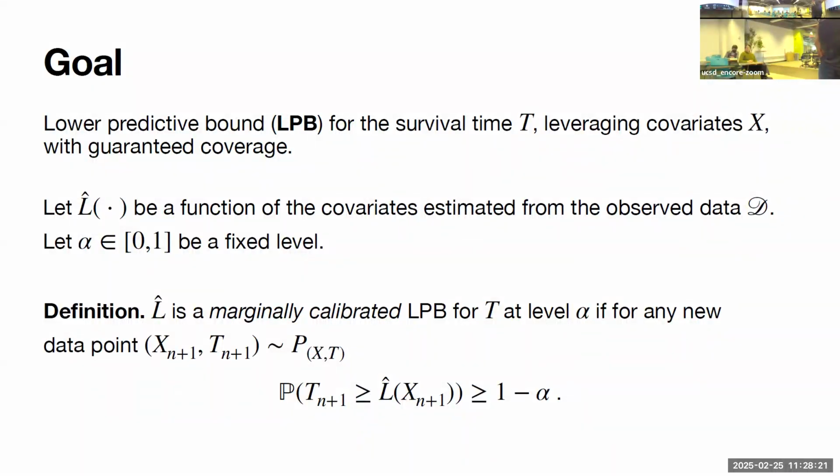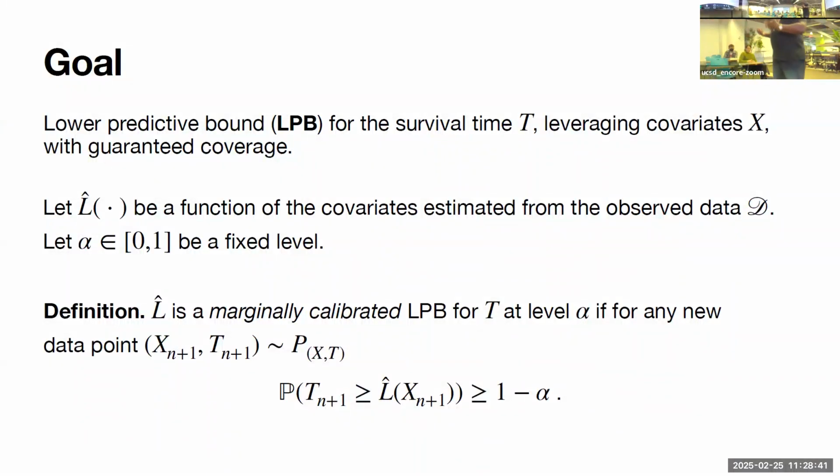And I want that survival curve to be greater or equal to 1 minus alpha. How can I attain that? Well, just pick L hat to be the 1 minus alpha quantile of the distribution of T given X. That's what an oracle would do. If I had the law, then the prediction interval is just a matter of reading off the quantile of the outcome, and I'm done.